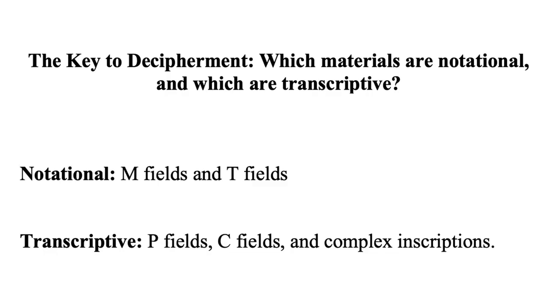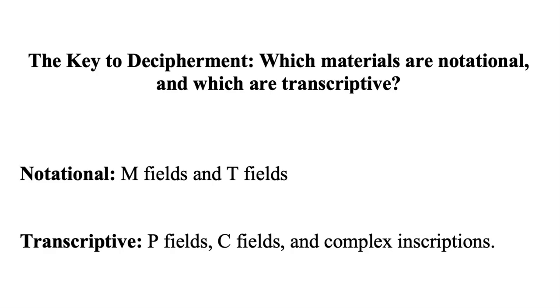All right. So now, finally, I believe this is our last slide. The key to decipherment here, where we clearly have notational material mixed with transcriptive material, is which materials are notational, in other words, abbreviative in some way, and which are transcriptive, in other words, are more or less faithful transcriptions of the underlying words that are meant to be conveyed.